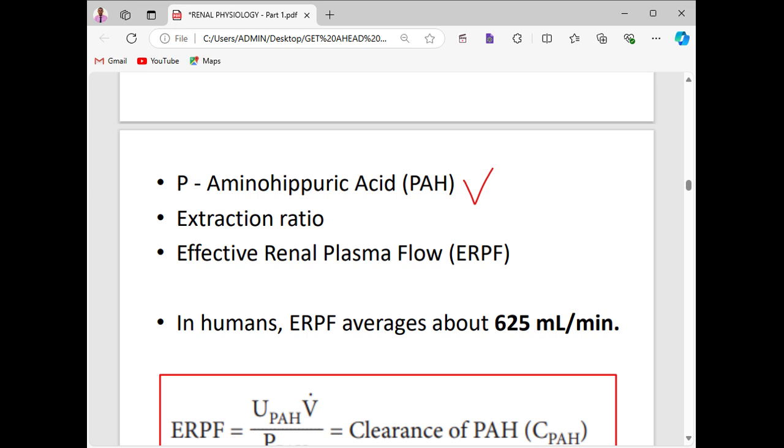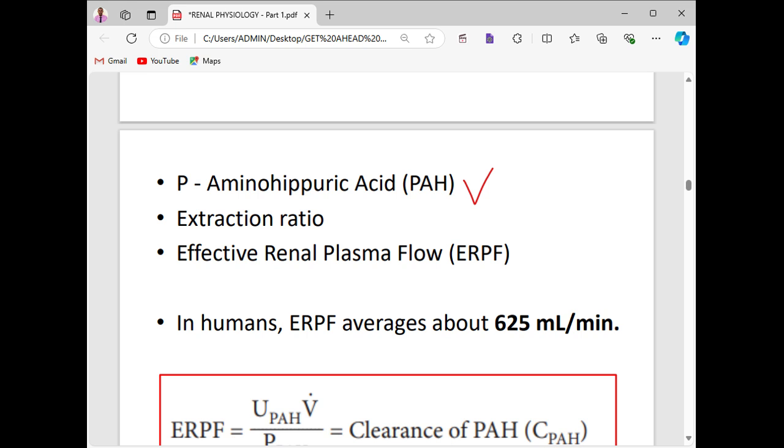Now I want us to talk about renal plasma flow. This renal plasma flow can be measured by infusing para-aminohippuric acid and later determining its urine and plasma concentrations.